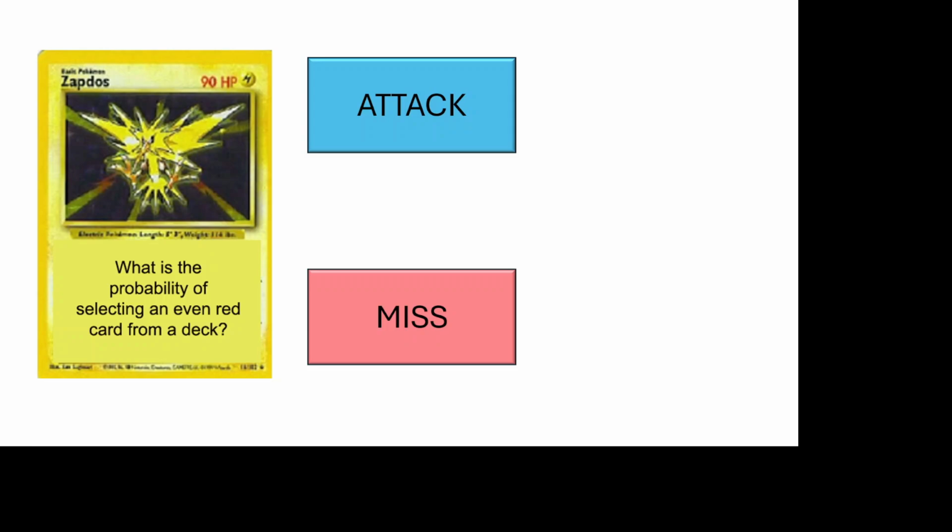Those are the red cards. So there's only a total of 10 cards that are red in a standard deck. So that will mean that we have 10 over 52, which are both divisible by 2. So if we divide 10 by 2, we get 5. And if we divide 52 by 2, we get 26. So 5 over 26 is the answer. And if they got it correctly, their Pokemon.